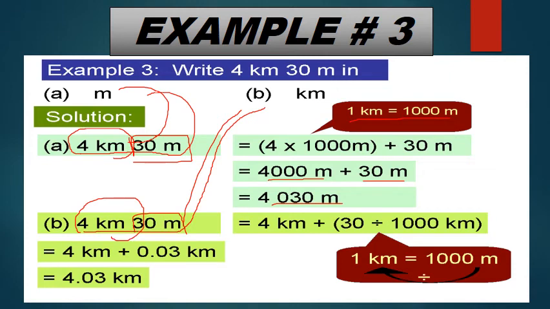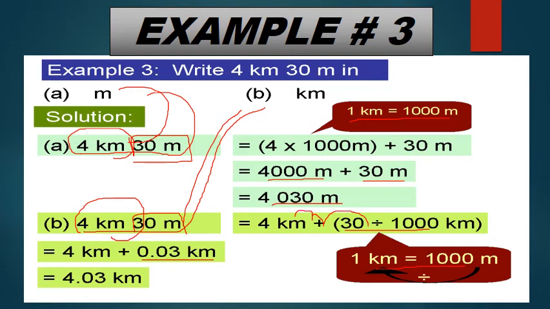Because we are converting meter to kilometer. As we all know that 1 kilometer is equal to 1000 meter. So now divide 30 by 1000. We move the decimal point 3 places to the left. So the answer we will get 0.03 kilometer.